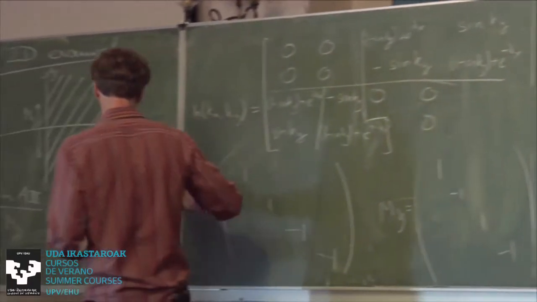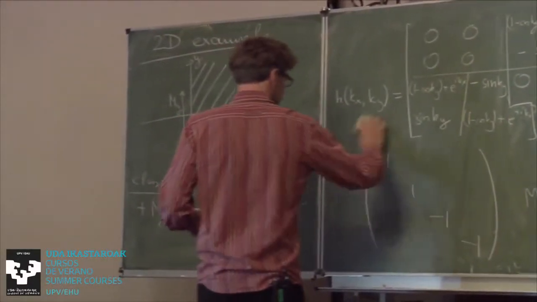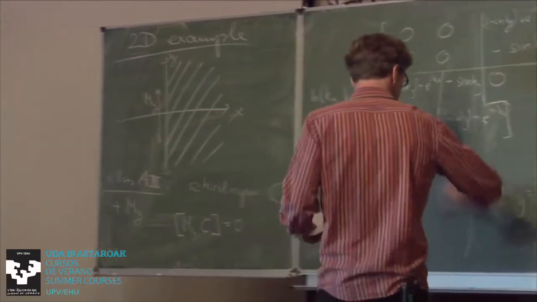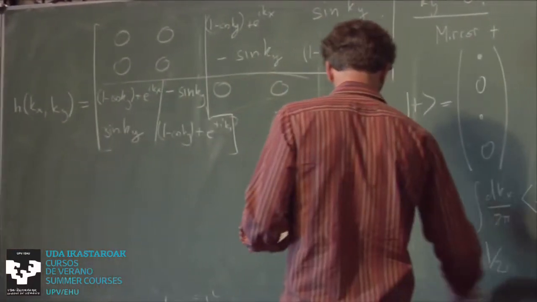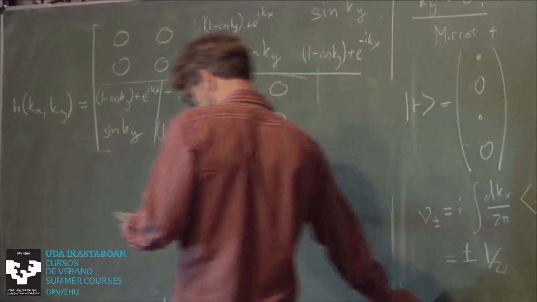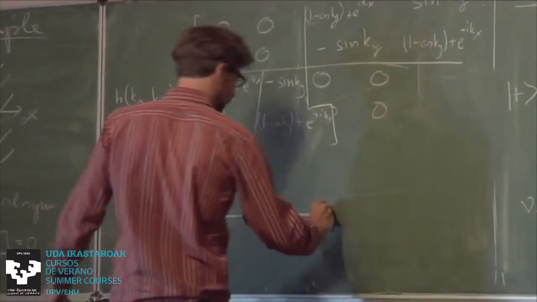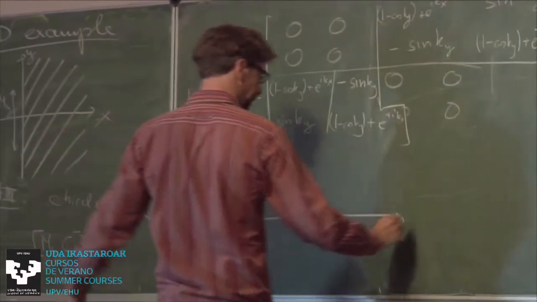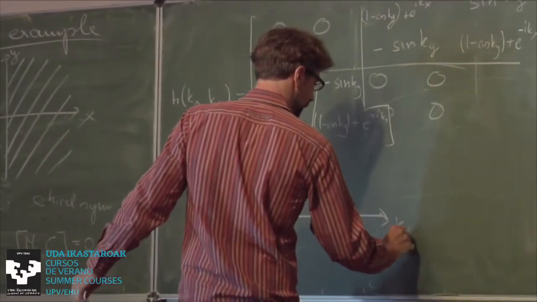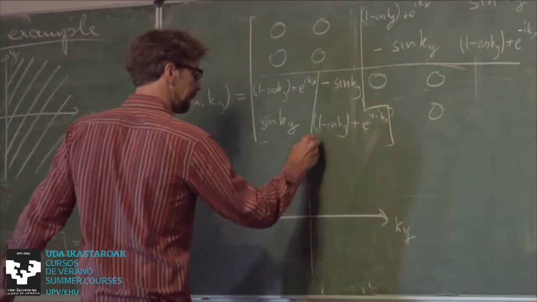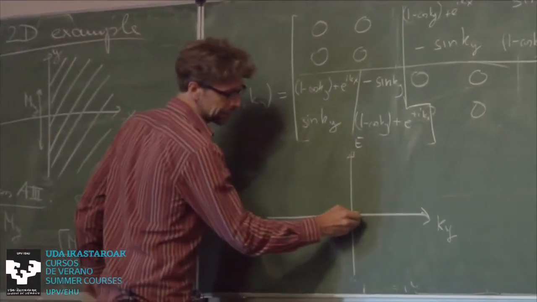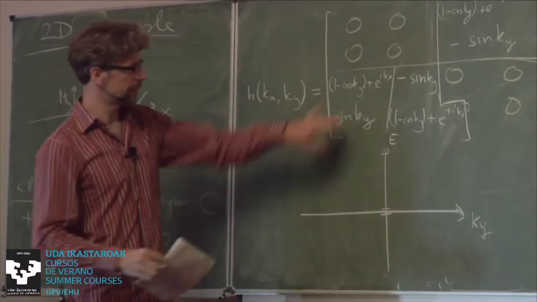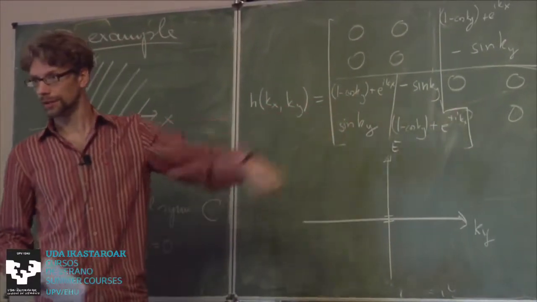Now I can already argue what the spectrum will look like and why this is all protected, or why there is a topologically protected boundary mode appearing. So if I look at the spectrum of this system with open boundary conditions as a function of ky, then at ky equal to 0, I'll have these two boundary states from the two decoupled SSH models, essentially.